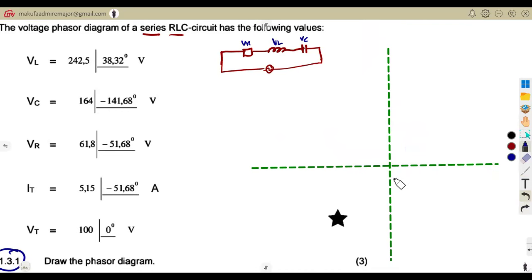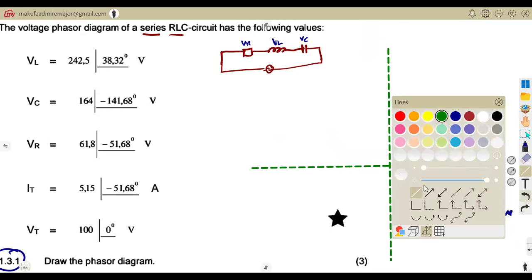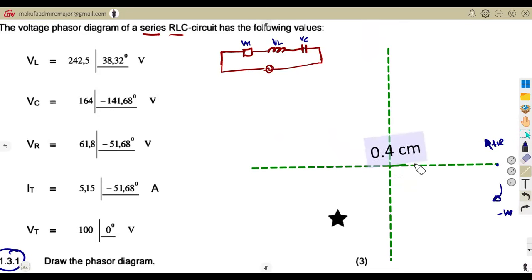As we know, angles going in the anti-clockwise direction are taken as positive. As we go in the clockwise direction, the angles are taken as negative, starting from the reference point, which is along the X-axis. This one I'm going to represent with a continuous line, because this one we do understand, since that is our reference point at 0 degrees. So we're simply going to take our angles from 0 degrees.